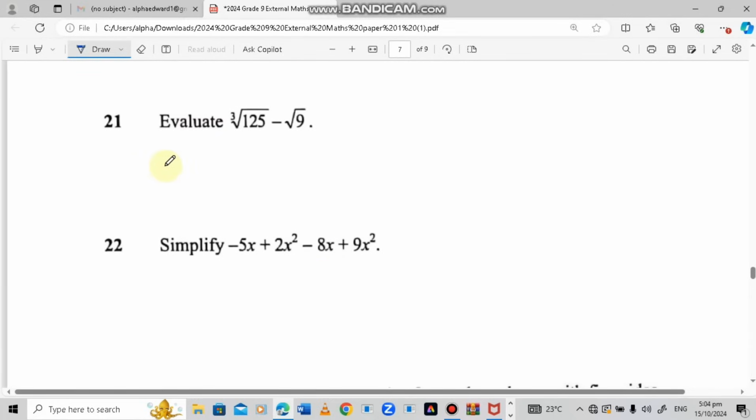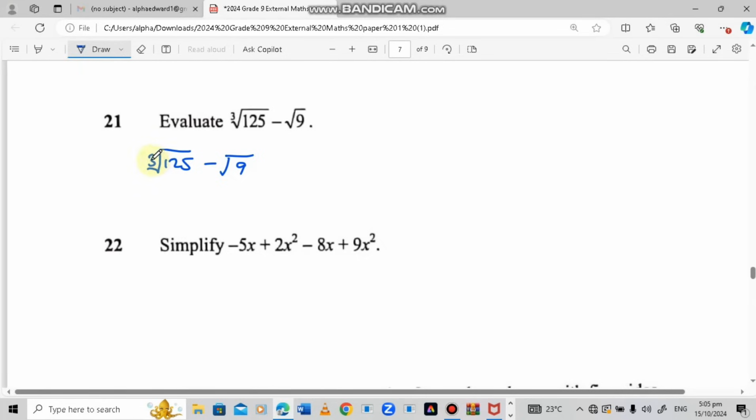Number 21, they are saying evaluate. What does it mean to evaluate? To evaluate means you need to work out and find the actual value. So we have this cube root of 125 minus the square root of 9. Now, what does it mean when they are asking you to find the cube root?